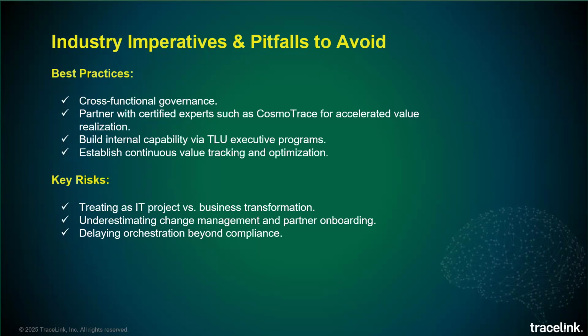So the best practices again, cross-functional governance. So this is very much important. You need to have a cross-functional team in your organization and not let your team work in silos. So you need to identify the ownership.